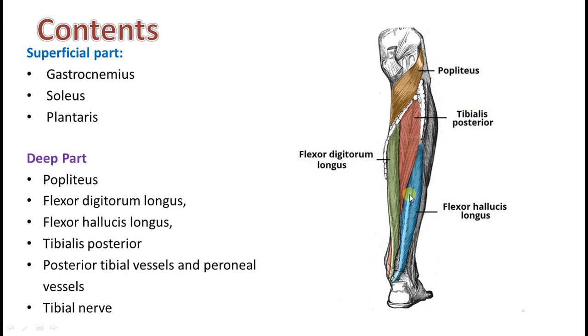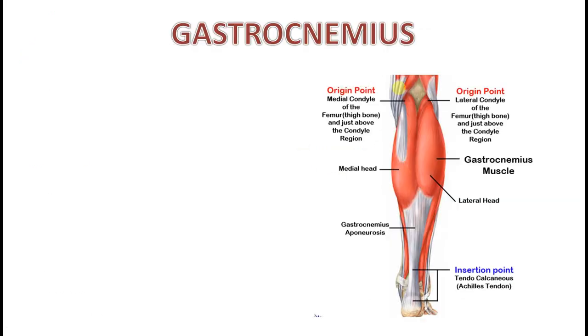The deepest muscle which you see here is the tibialis posterior, present in a deeper plane. And the popliteus. The popliteus and the tibialis posterior both are present in the same plane. Okay. So we will see the muscles one by one.